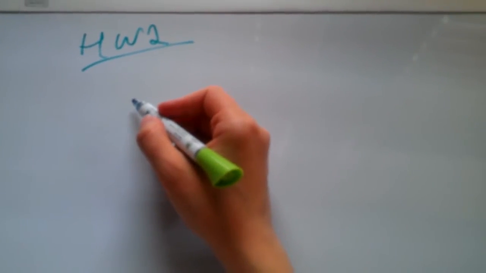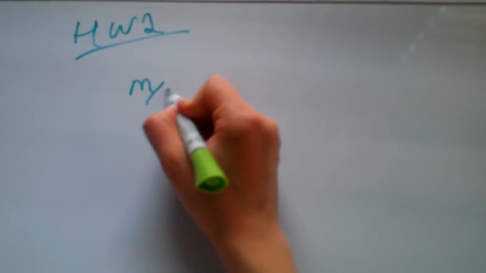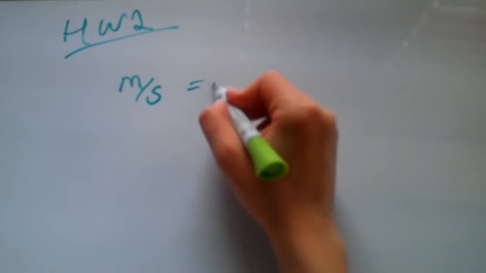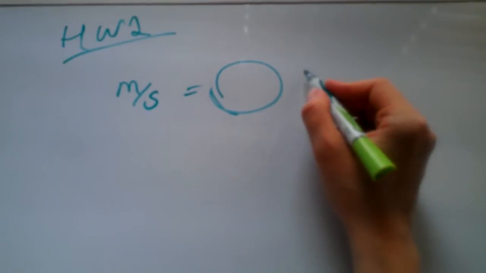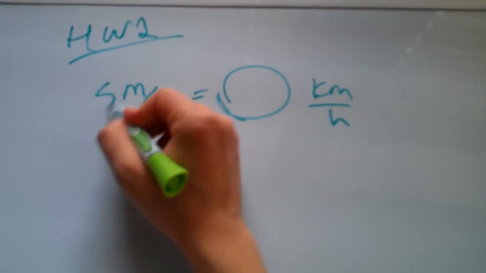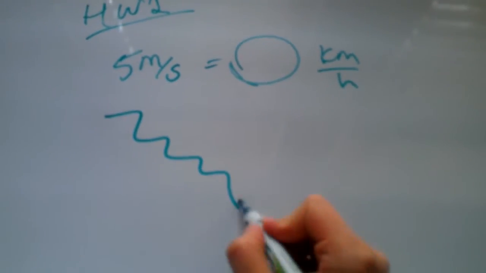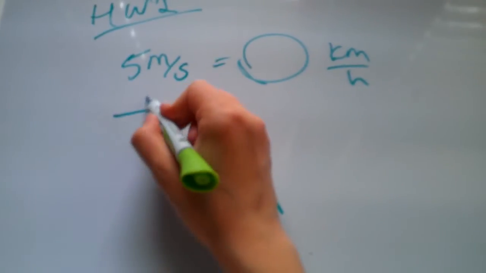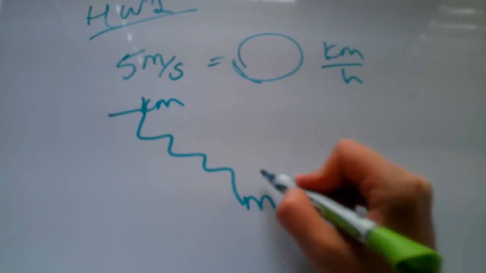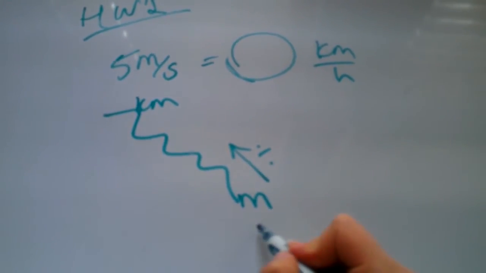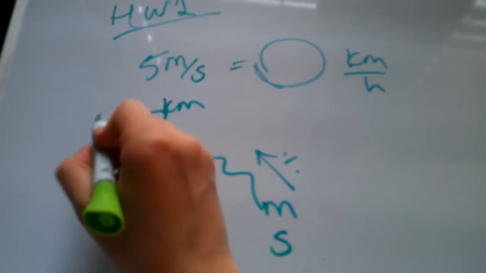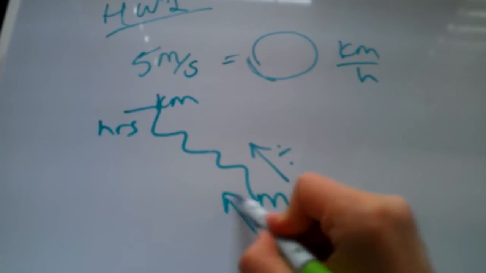The first question asked you to convert a speed in velocity from meters per second to kilometers per hour. In the question it was 3, I use 5 here. So, the stairs method: meters to kilometers, division; seconds to hours, another division.